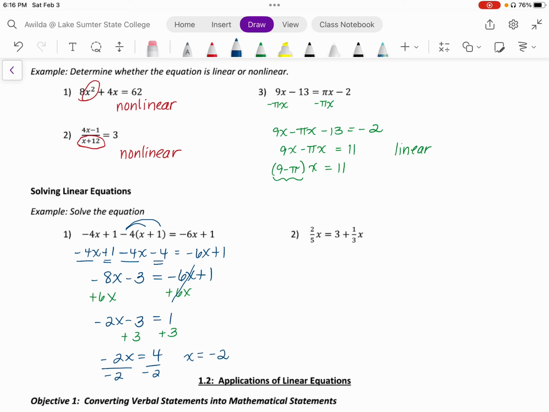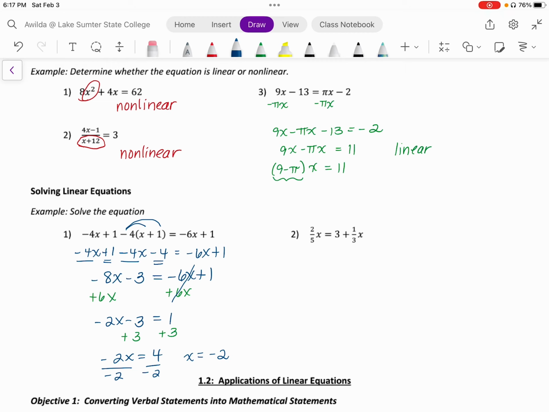In the second example, we have some fractions. 2 over 5 times x is equal to 3 plus 1 over 3 times x. Here, the coefficients of the x variable in both sides of the equation have a fraction, and there is a simple way to avoid having to work with fractions by clearing them from the very first step.